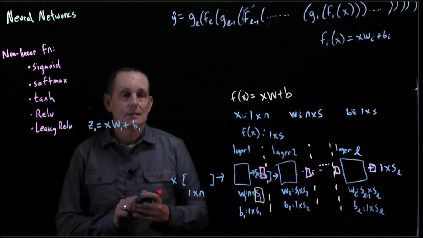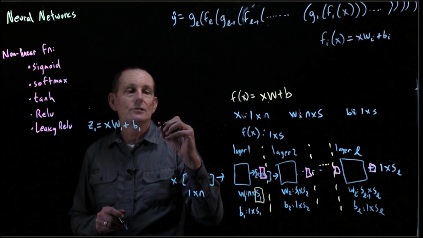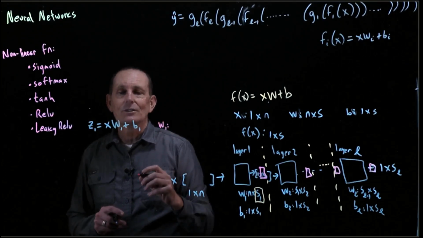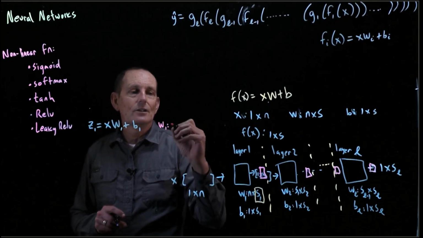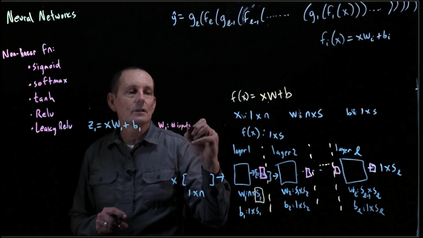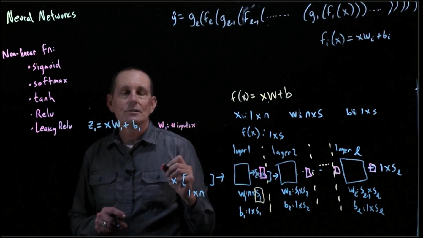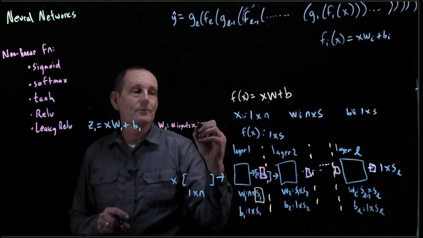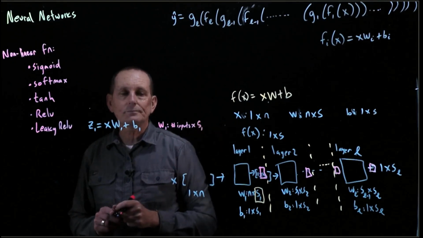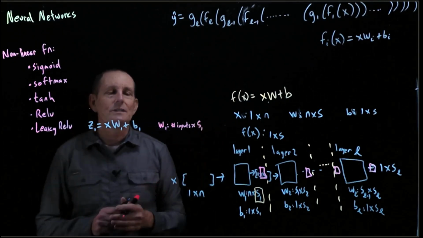And W1 is of what size? It's going to be the number of inputs times however big we want to make it, which we call S1. And B1, similarly, is going to be 1 times S1.